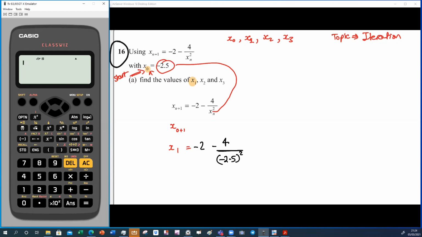So we are substituting our starting value of x0, which has a physical manifestation of minus 2.5, into the x. We put that into the formula to start the formula off. It's like putting the key into the ignition. Then we turn it, and when we turn it, we get an answer, which is here.